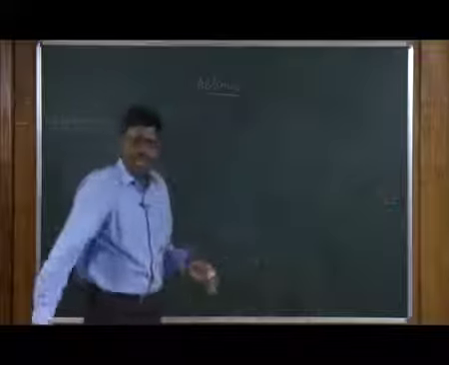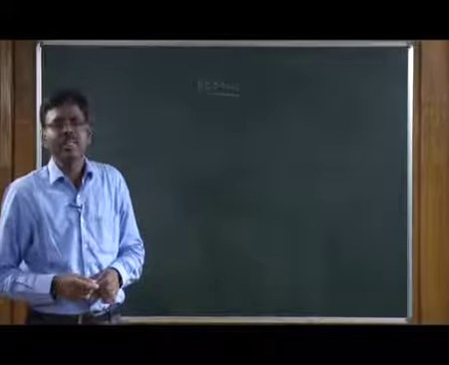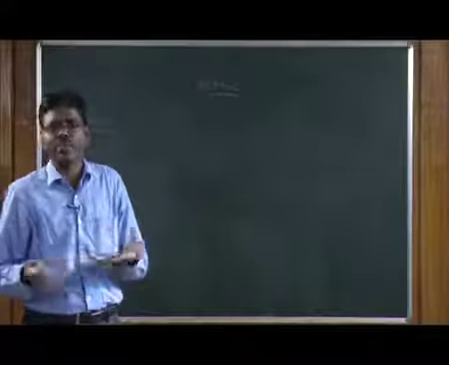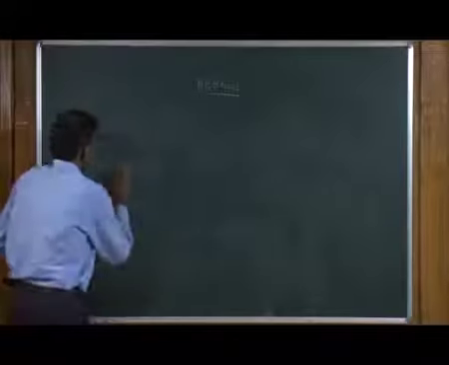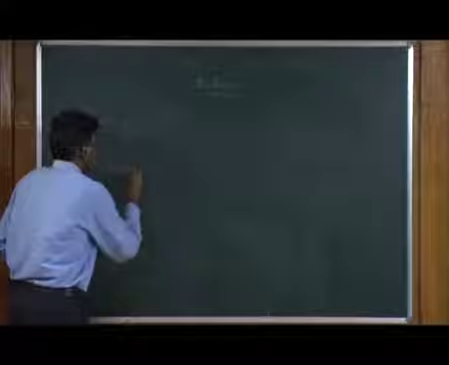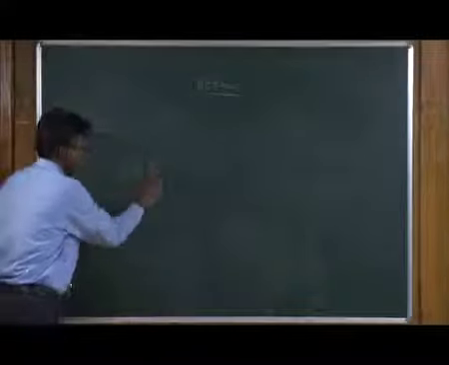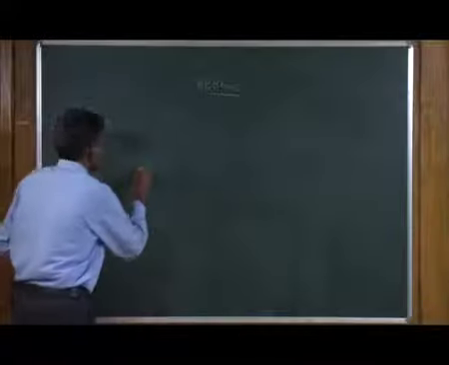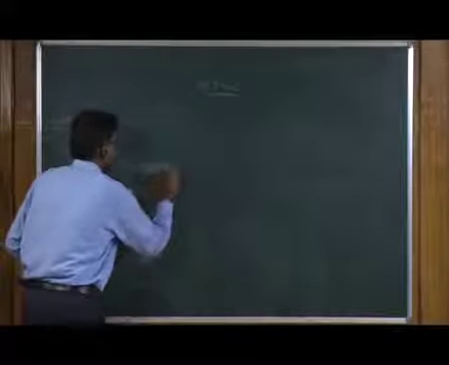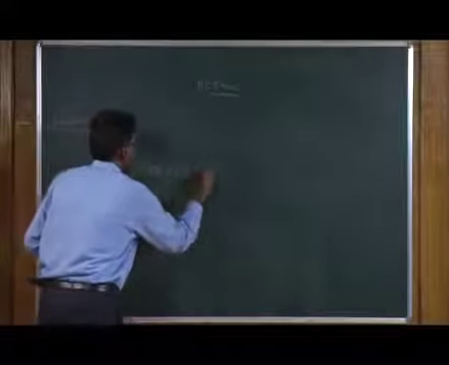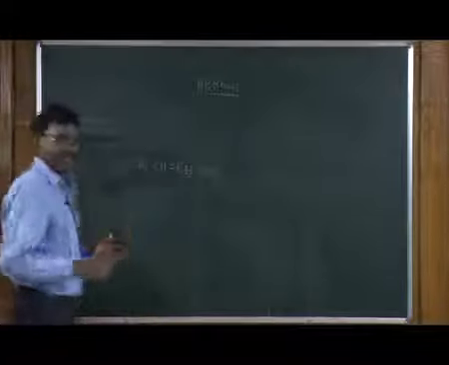When we discussed the structures, I mentioned that alkenes can exhibit geometrical isomers because of restricted rotation of the carbon-carbon double bond. Let us take this example. This compound we can write in two forms.